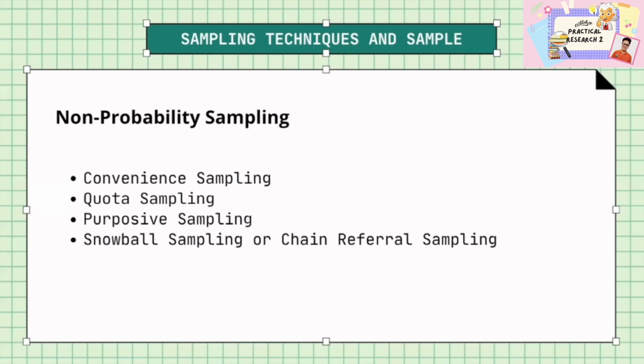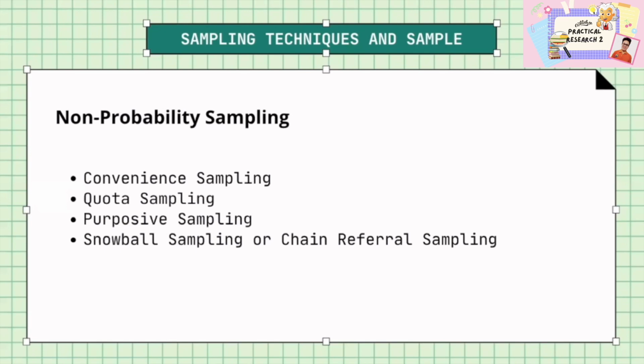As you enter the gate and you see grade 11 students, and you can reach 100. Of course, you need to look for only grade 11 students, and you reach 100 already. Okay, so that's convenience sampling.